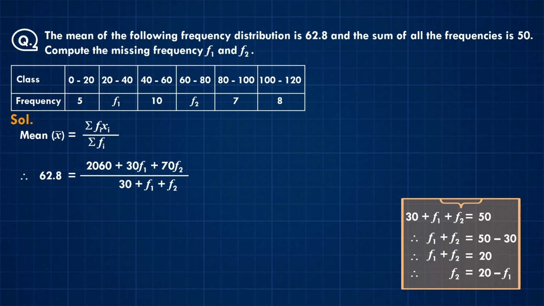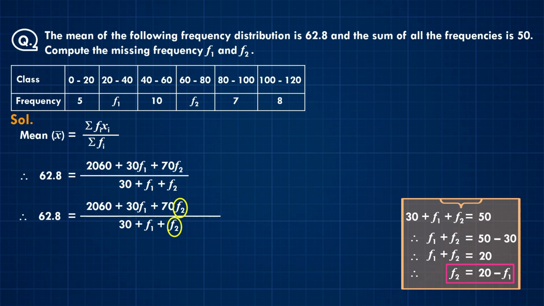Basically here we are going to solve the linear equations using the substitution method. So f2 is equal to 20 minus f1. Now put this f2 value in the equation. In 30 f1 plus 70 f2, we just replace the value of f2 with the expression in f1.